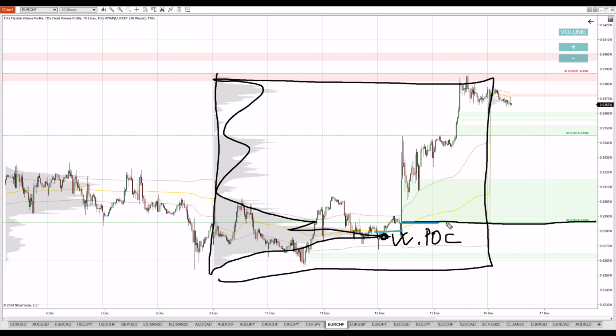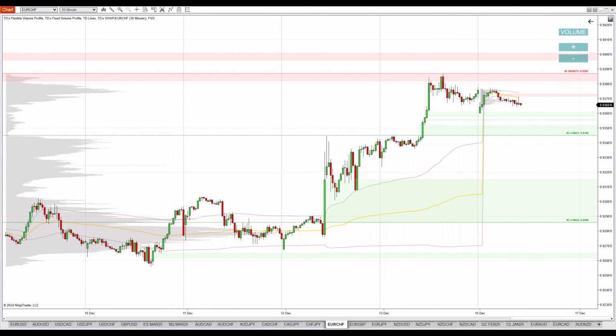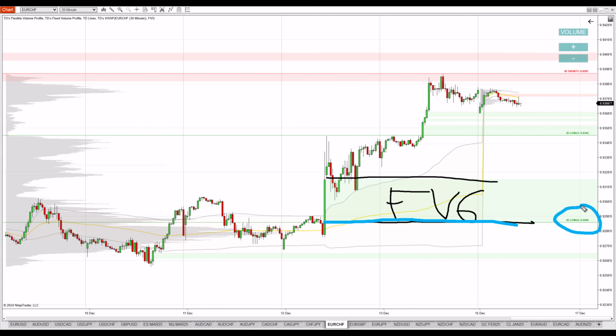In this case, the level is in here, and the reason why the level is in here exactly is because there's this huge fair value gap. Again, it's highlighted in green, this fair value gap, and this is the beginning of the fair value gap. That's where the level is, 0.9286.